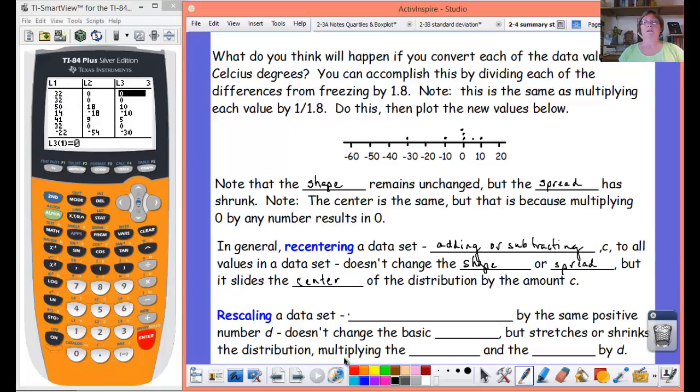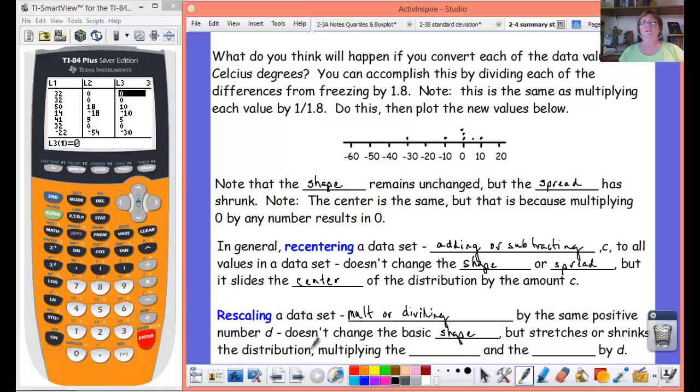Okay? Rescaling a data set, that is multiplying or dividing by some positive constant, doesn't change the basic shape, okay?